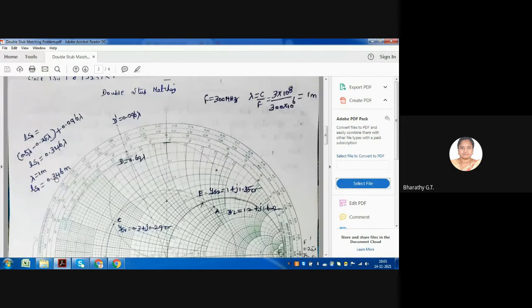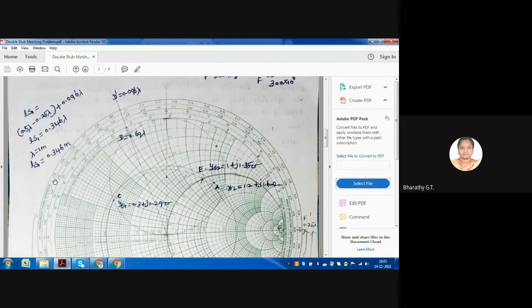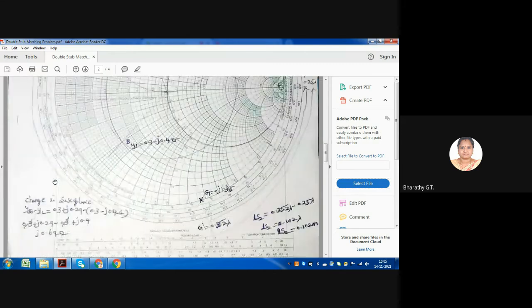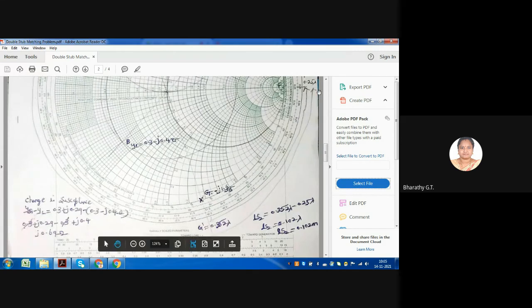Depending upon the frequency of operation, the length in meters will vary. Since it is 1 meter here, the value is the same in lambda as well as in meters. Finally, the length of the stub 2 is 0.352 minus 0.25, which is going to be 0.102 lambda. By substituting lambda as 1 meter, you will get the answer as 0.102 meters.